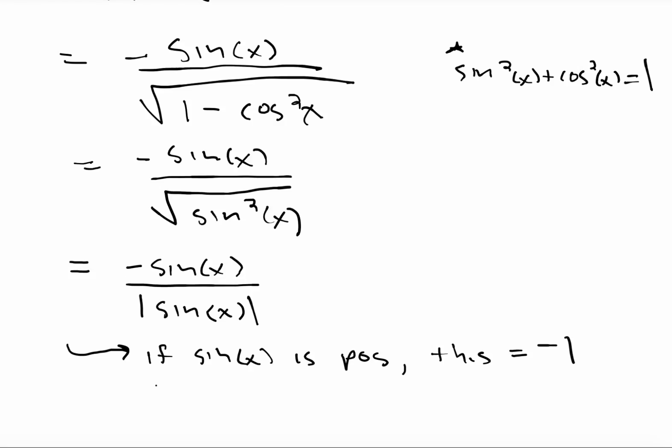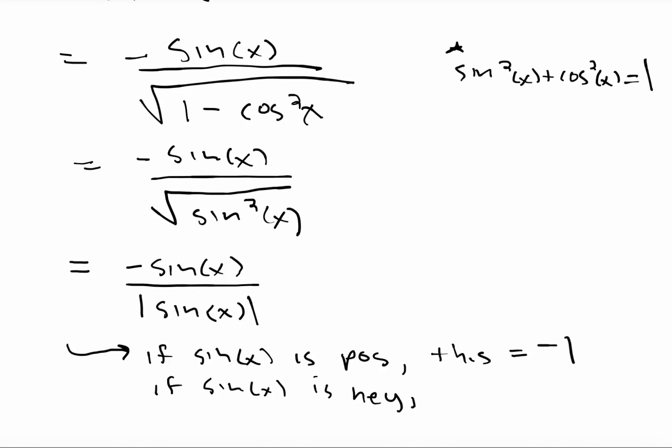And on the other hand, if my sine of x is negative, well, let's think about this. We have a minus sign multiplied by the sine of x.